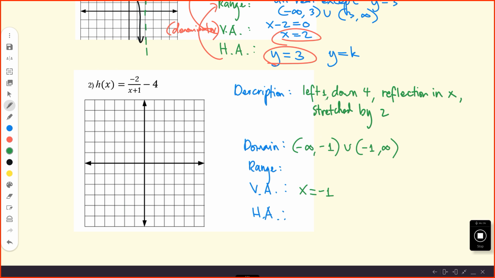All right, so for the range, what is the horizontal asymptote, class? -4 is the k value. If you write y equals k, that means y equals -4. And so what is our range? That's going to be all real except -4. So -infinity to -4, union -4 to infinity.